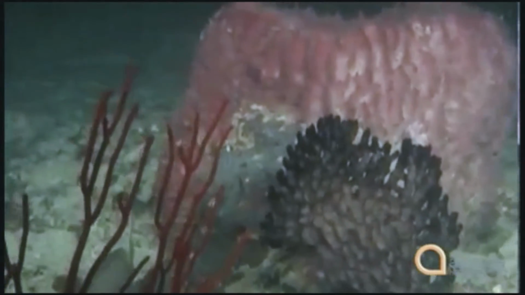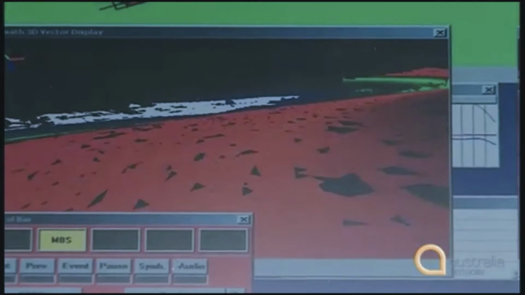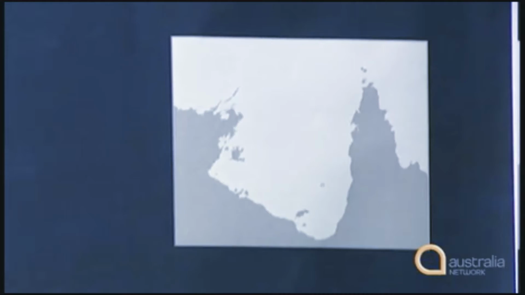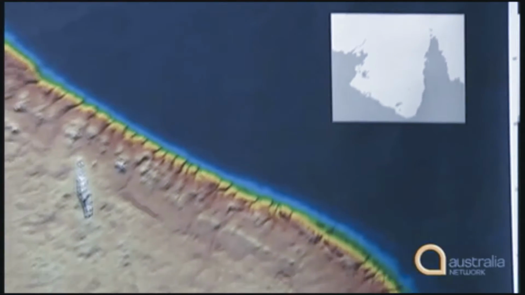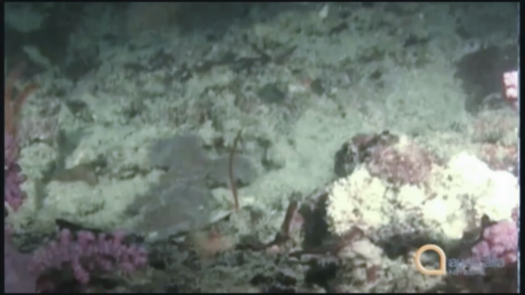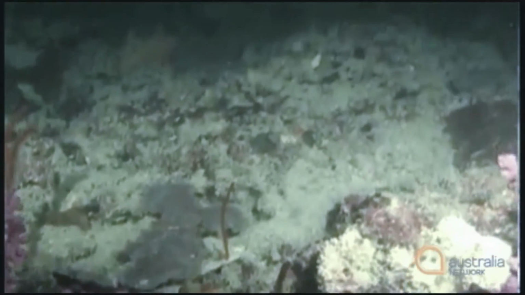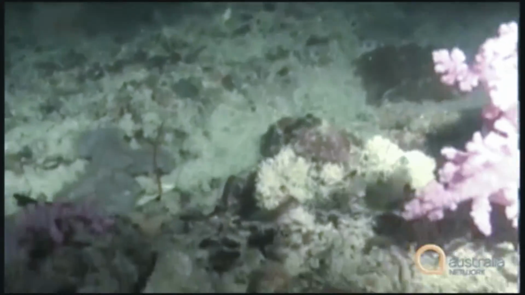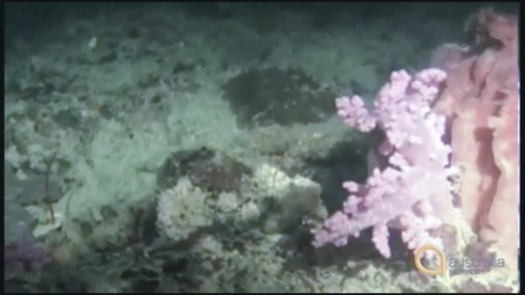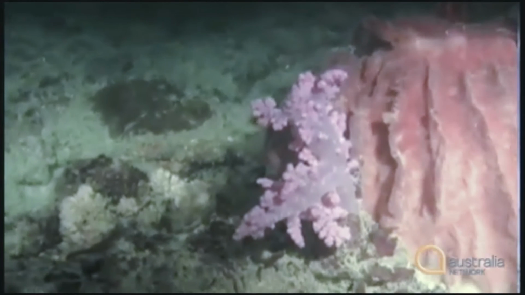The only way we can see the seafloor is using sonar. The largest reef they mapped is about 10 or so kilometres across. It's an oval-shaped feature, so it covers around 100 square kilometres. Because of the fact that they are submerged in 30 metres or so of water, the reefs are very hard to see. No one had realised that the Gulf contained reefs just like the Great Barrier Reef.